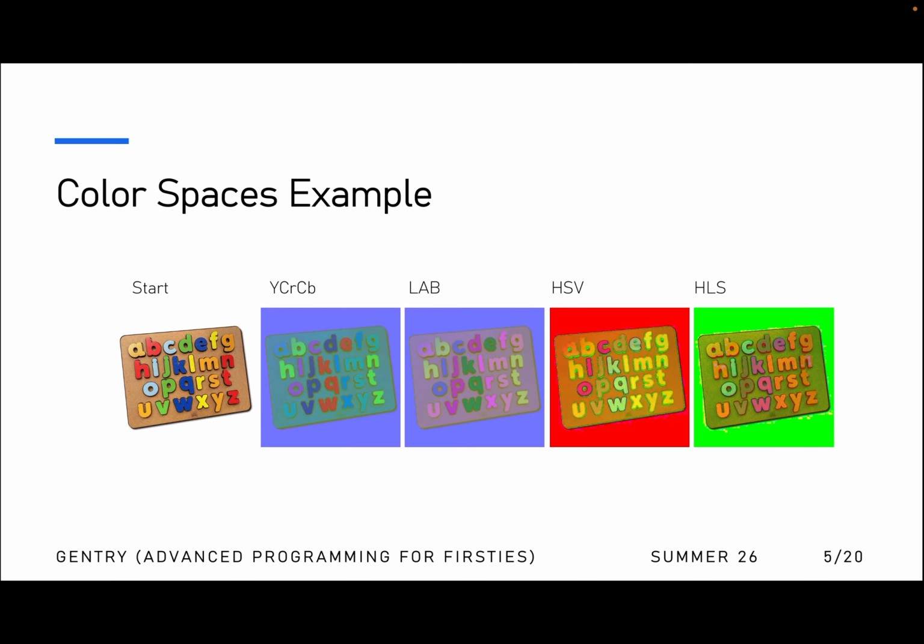So what do these color spaces look like? If we start at this alphabet image, and then we turn it to YCrCb, you can see that the greens and the blues appear the most, as well as some of those reds, like this B and H right here. Those ones appear a lot more.